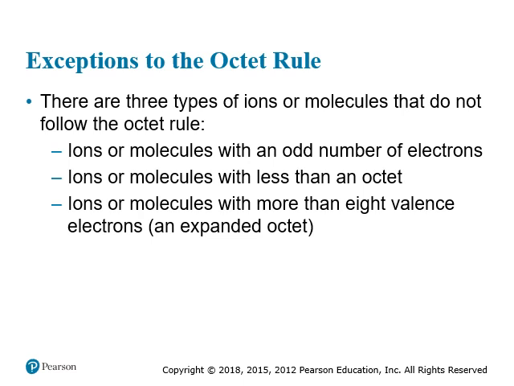There are instances where the octet rule is not possible for various molecules. 3 such exceptions involve ions or molecules with an odd number of electrons, ions or molecules with less than an octet, and ions or molecules with more than an octet, or more than 8 valence electrons.